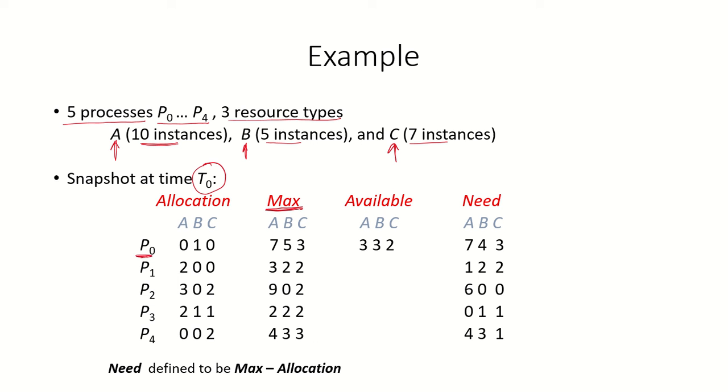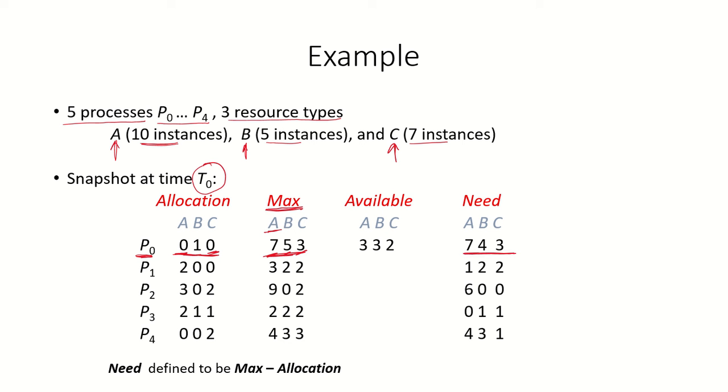So P0 has declared that it will need a maximum of 7 instances of resource A, 5 of B and 3 of C during its course of execution. Currently it has been allocated 0 of A, 1 of B and 0 of C. So if we subtract allocation from max, then we get the need matrix.